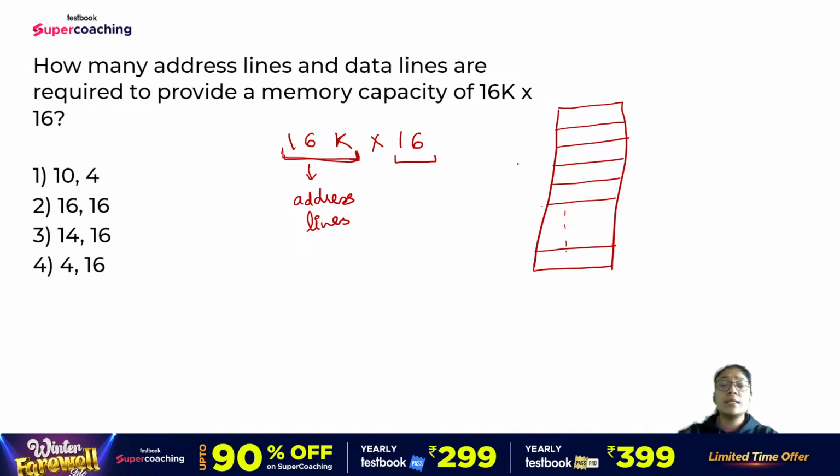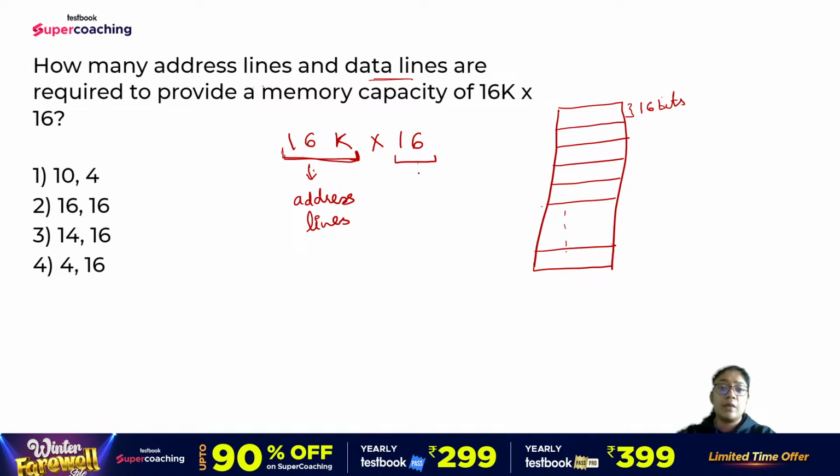How many cells are there? These are 16K. In order to represent 16K, how many bits are required? That will be the address lines. And for data lines, the size of one word is 16 bits. That means when you are transmitting one word of data, you are sending 16 bits. So what will be the number of address lines and data lines?